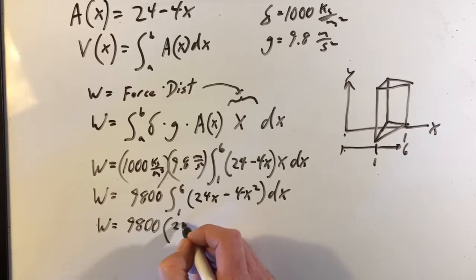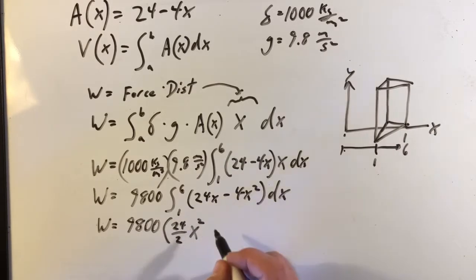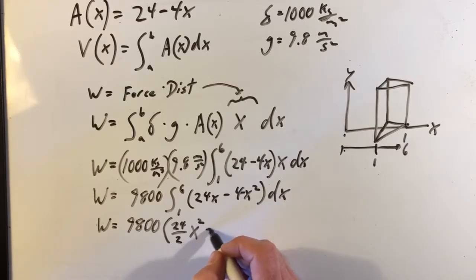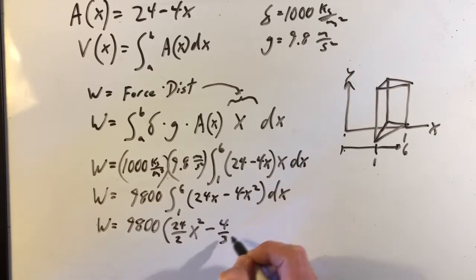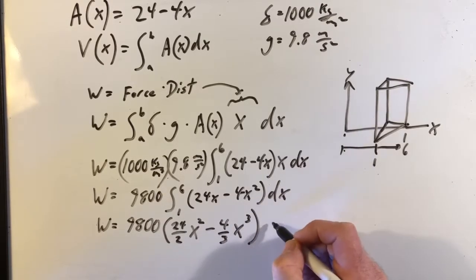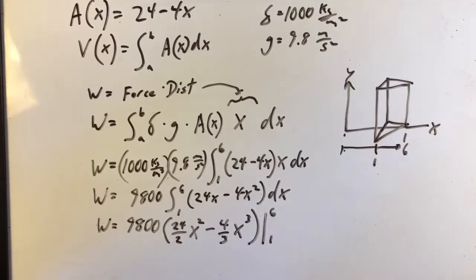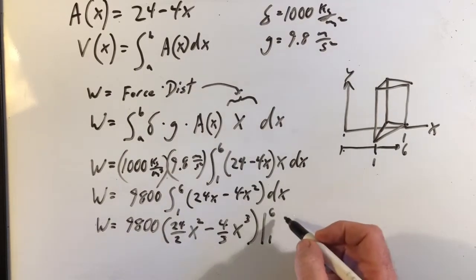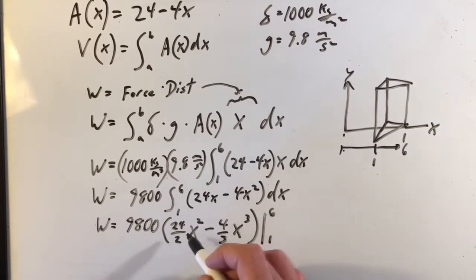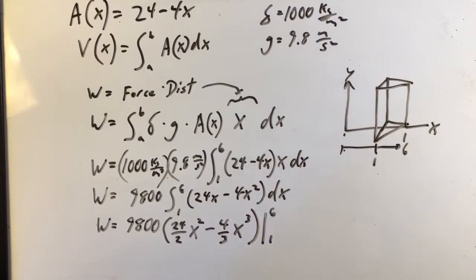And so I'm going to have 24 divided by 2 x squared, and then minus 4 divided by 3 x cubed. And that's going to be from 6 to 1. Okay, so the next step is just plugging in 6 for x, and then subtracting out plugging in 1 for x, and we'll get our answer. So hopefully that helped. Everything is in the setup.